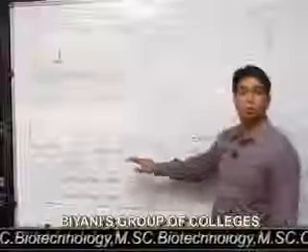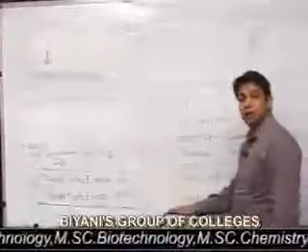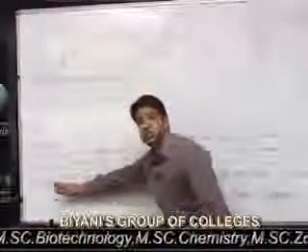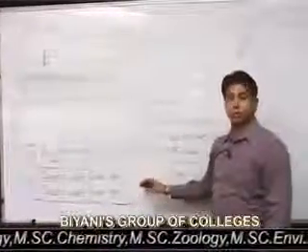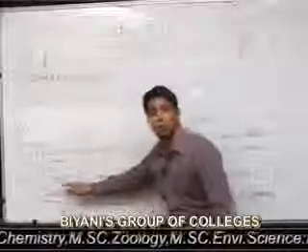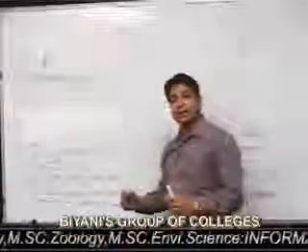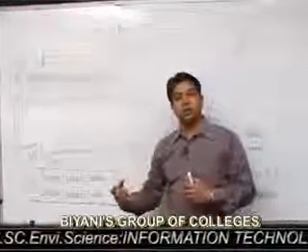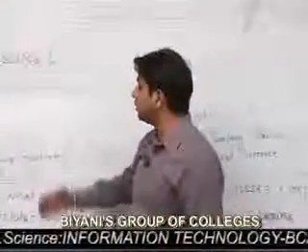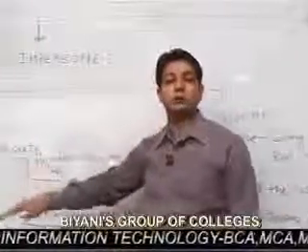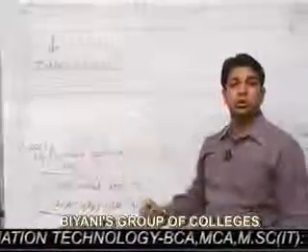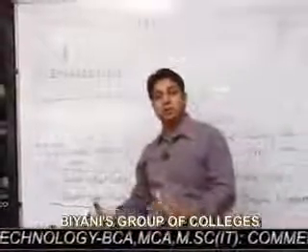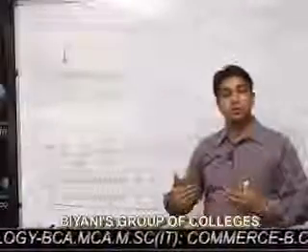Now, the question comes, what is the rule of this real account? The rule is debit what comes in and credit what goes out. Suppose we buy furniture, that means furniture is an asset, so it will come under real account. We have purchased the furniture, that means furniture is coming into the business.